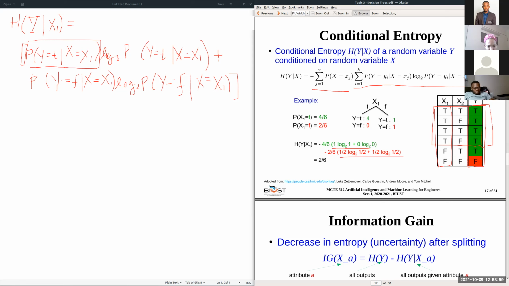Here, for example, in this case the output is true, so I think X1 should be true. Let me check. Okay, yes. In this case X1 can be true or false. There is a confusion there. Let me write it out in another way.